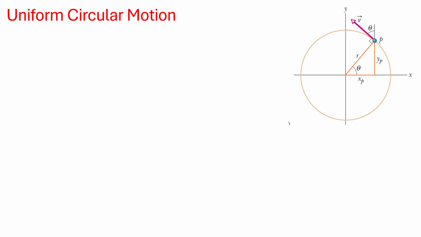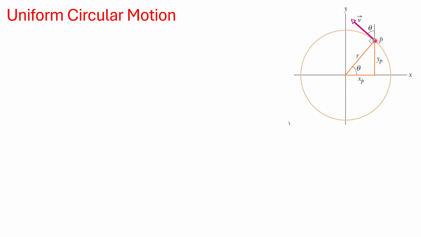Now our objective is to unfold the centripetal acceleration appearing in uniform circular motion. So here you can observe the circular track around which the particle is moving, and at any point P it has coordinates xp, that is distance along the x-axis, and yp, distance parallel to the y-axis.